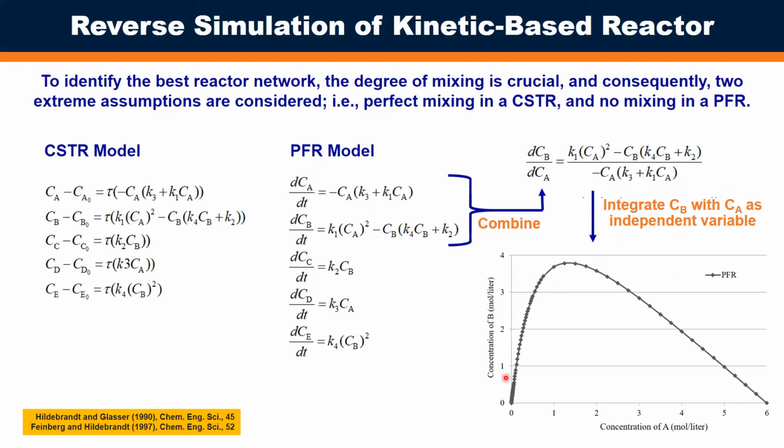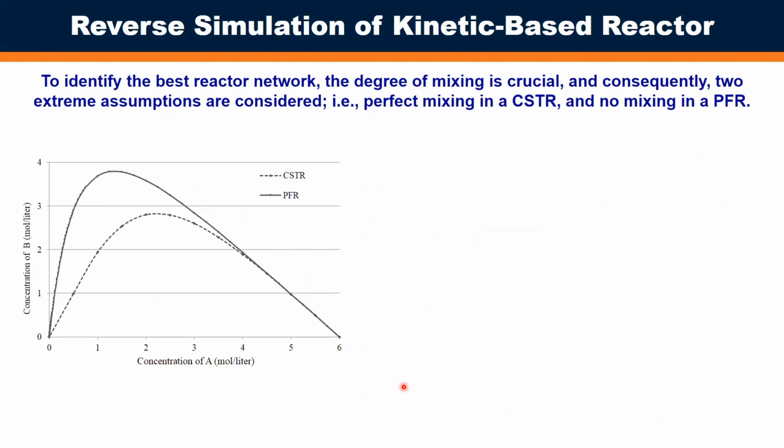This gives you a representation of under what set of conditions we can maximize the concentration of our desired product, which captures all the kinetics of these competing reactions. So there's a clear indication of where maximum performance is.